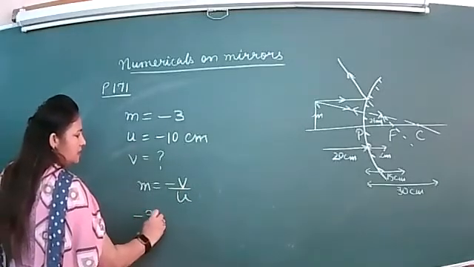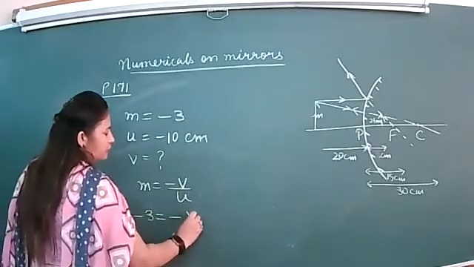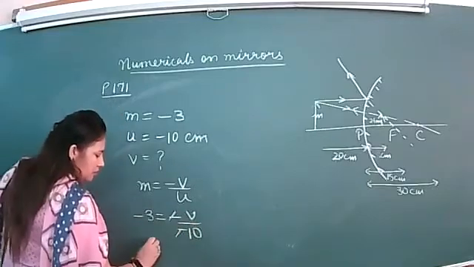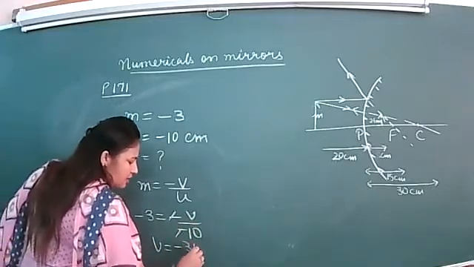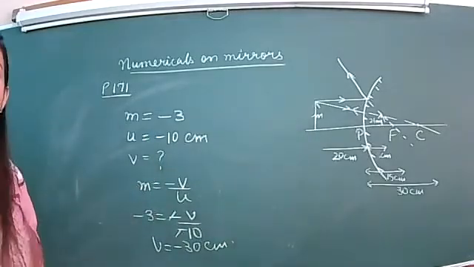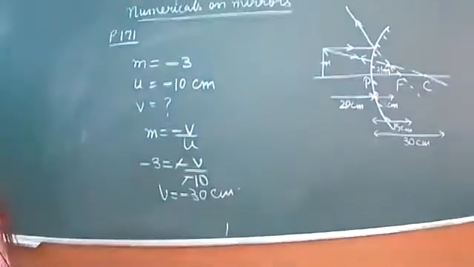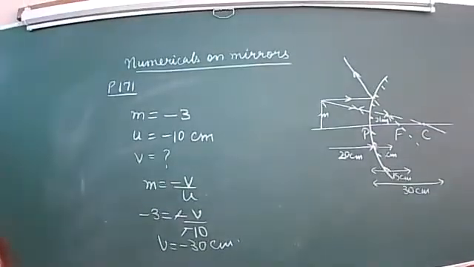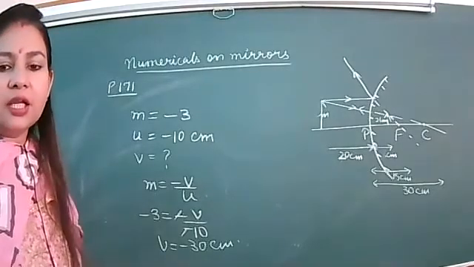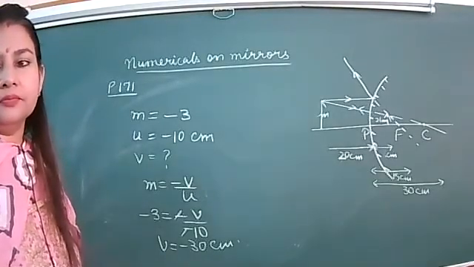M is -3, V we have to find, U is -10. So how much is V? V is -30 centimeters. So our answer is V is -30 centimeters.